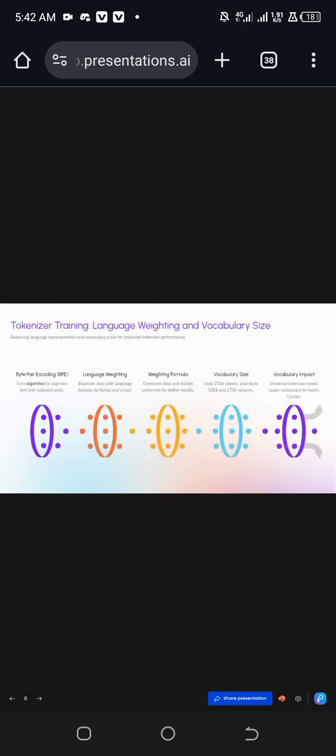Then we have the tokenizer training, meaning that they use language weighting, and they use the byte-pair encoder with language weighting, which they claimed was better than uniform weighting because the dataset was skewed towards English.